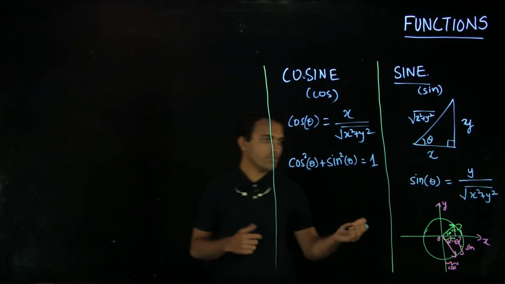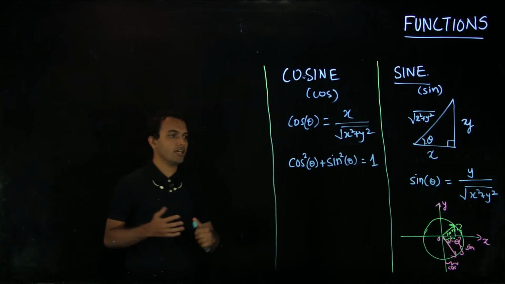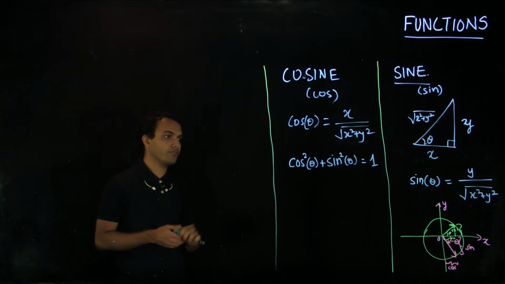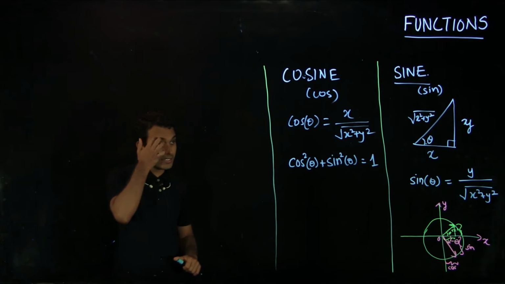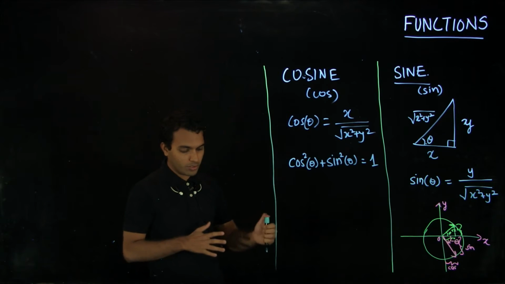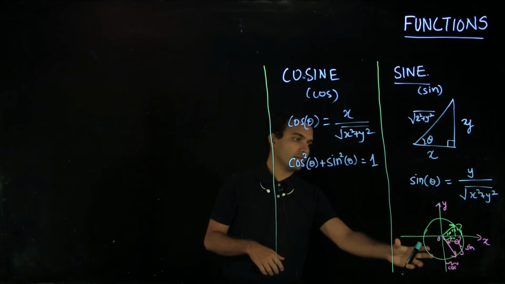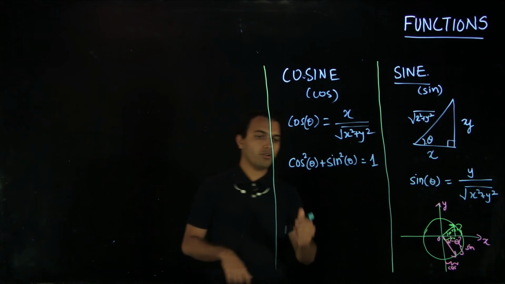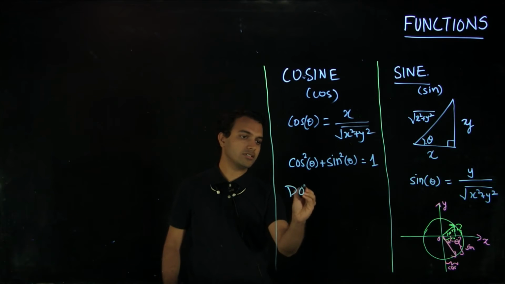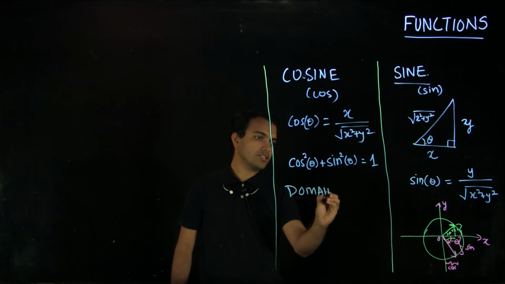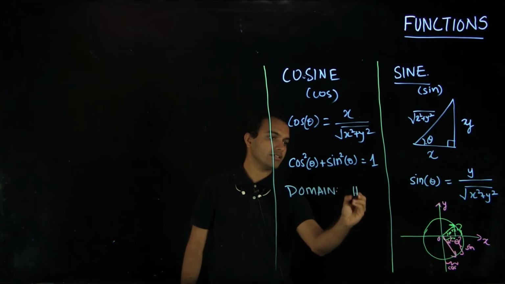So we have cos of theta, sine of theta, the values of which keep on repeating. So sine and cosine are periodic functions and can be given by this tool, and for which the domain, as we saw from this tool, is the whole real line.